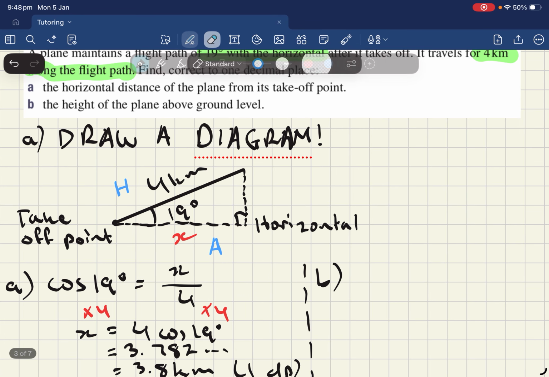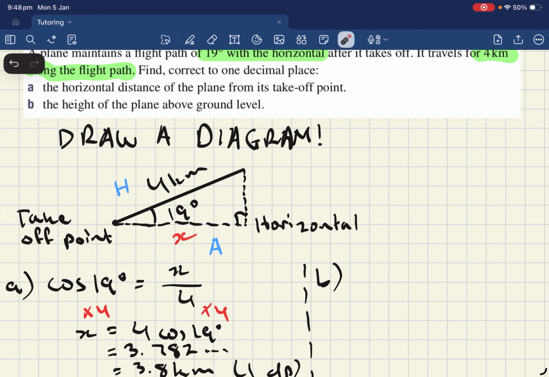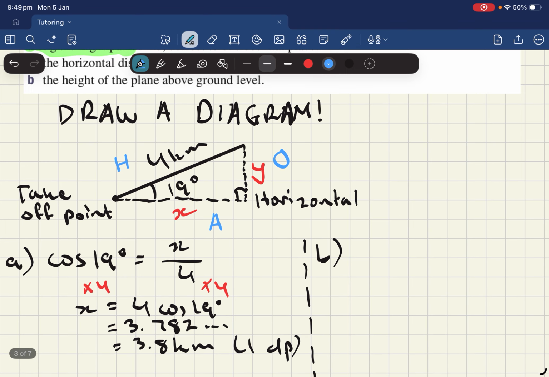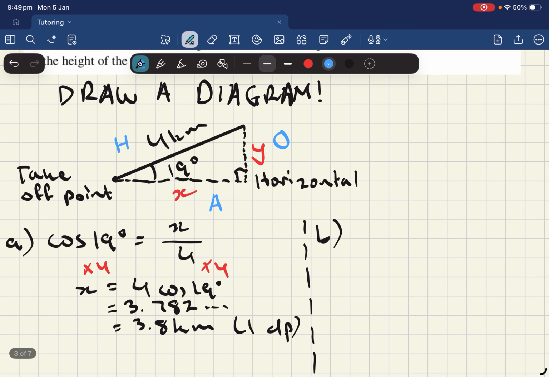Now, looking at part B, it's saying find the height of the plane above ground level. So we're trying to find how high, this is where the plane is, how high it is from the ground level. So let's call that side Y. Now, this one is opposite to my angle, so this I can label O. Now, once again, we're considering the sides we're given.